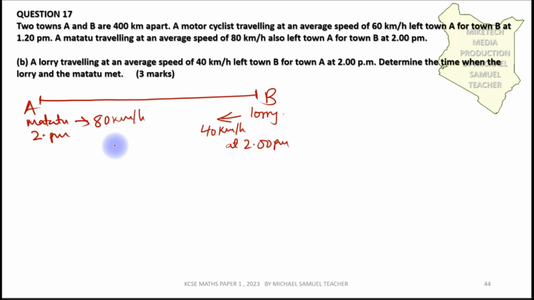So we need to know the time it took for them to meet. The distance from A to B is 400 kilometers.